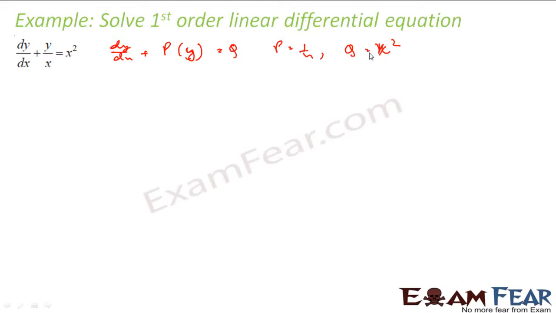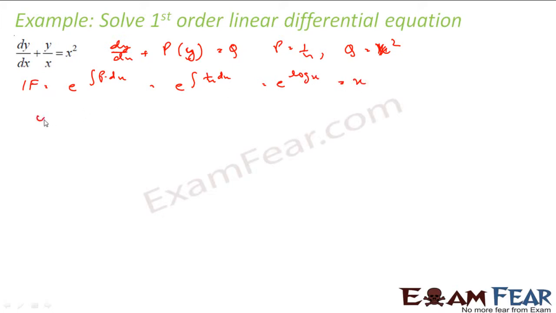That's what you get. Now I have to find IF, e to the power integration of p dx, that is e to the power integration of 1 by x dx, that is e to the power log x, that is x. I got IF as x.